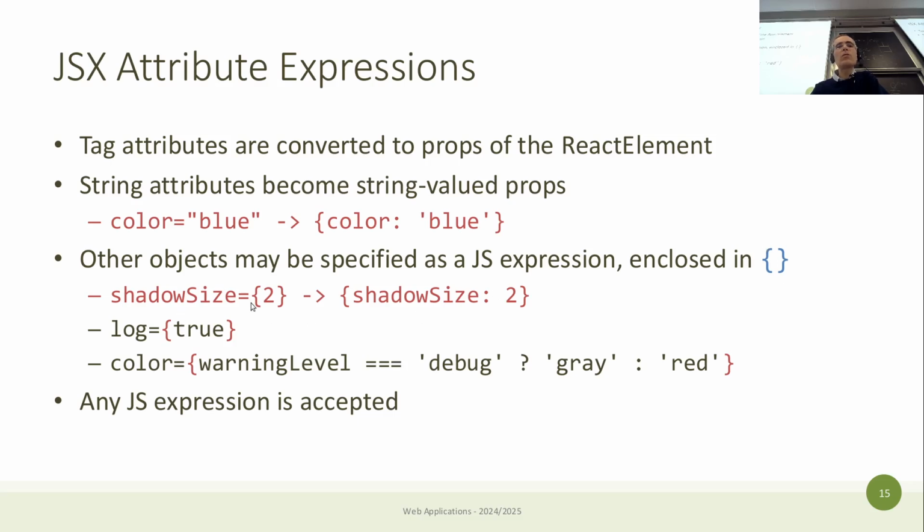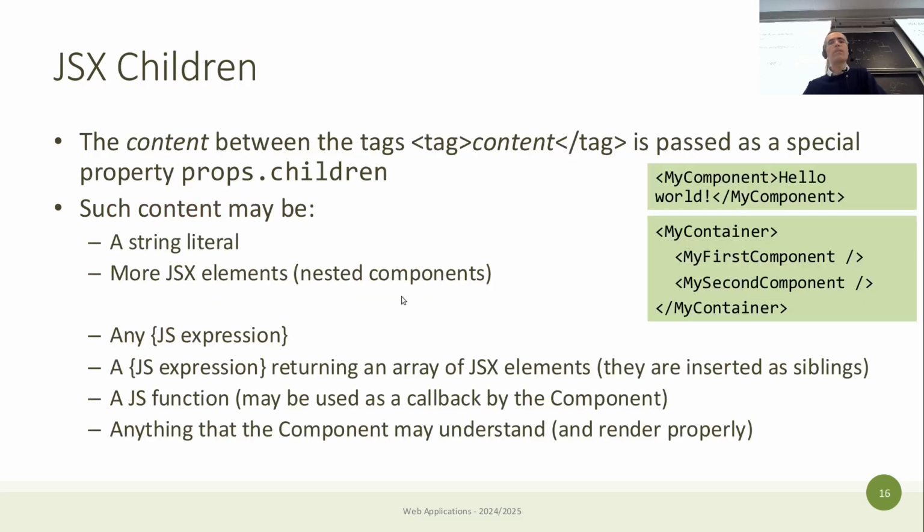Okay, shadow size equal to, open the bracket 2, or true, which is actually JavaScript, or this stuff which is actually a JavaScript expression, something that evaluates to a value, because it needs to be something that can be used as a value of a property of props.